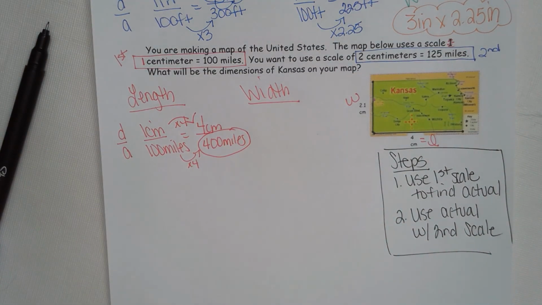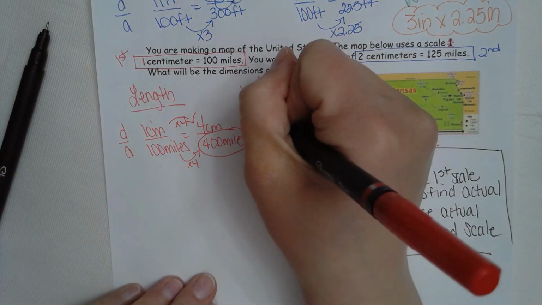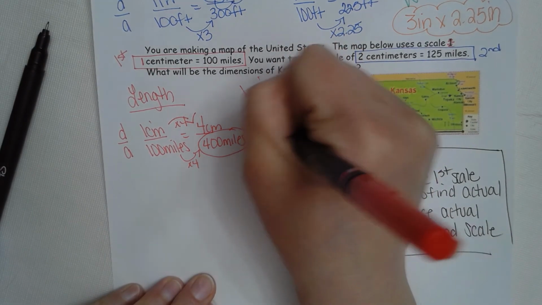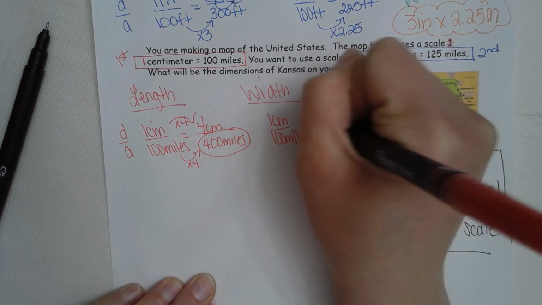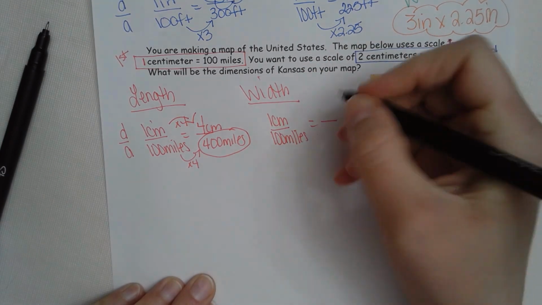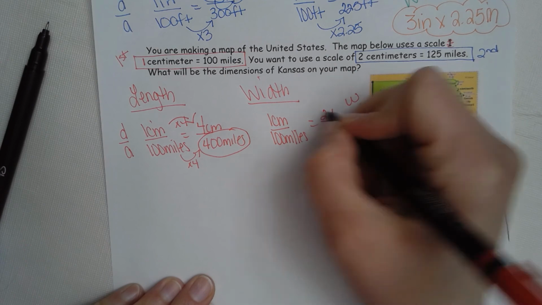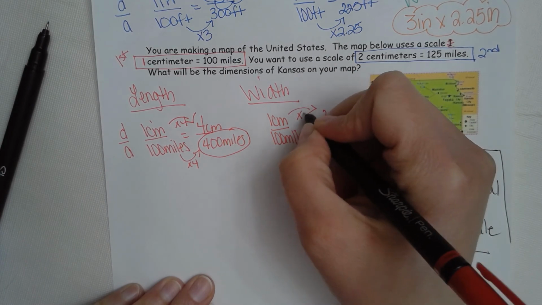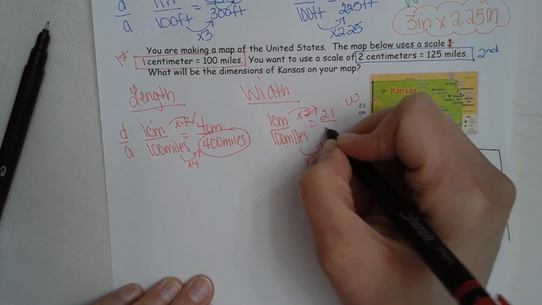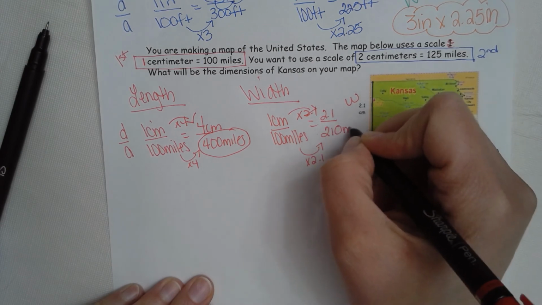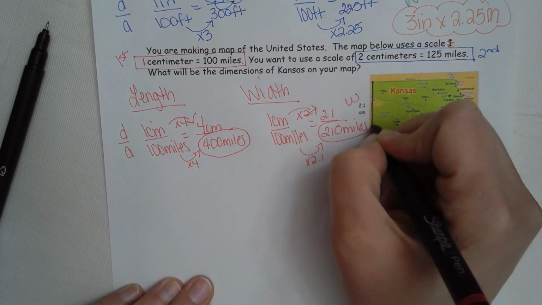We're then going to shift over to the width. Same thing, guys. 1 centimeter over 100 miles equals, and this we have 2.1. What's our jump? Times 2.1. We get 210 miles.